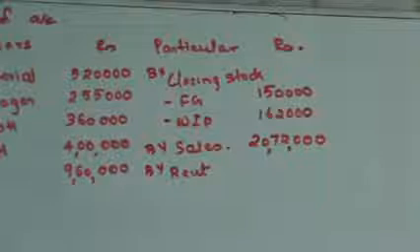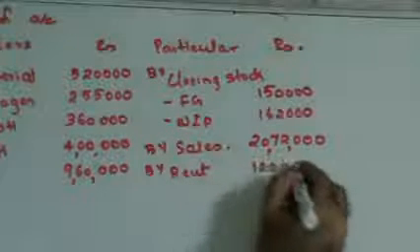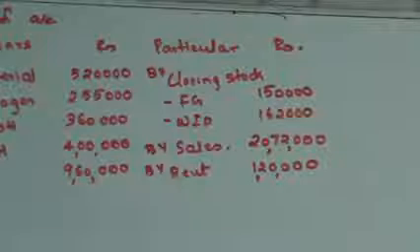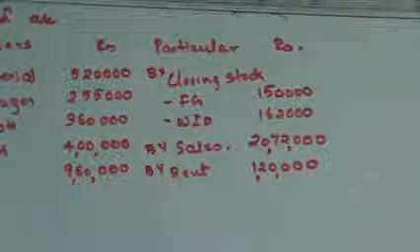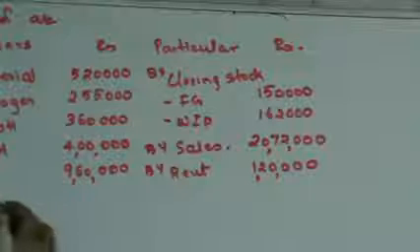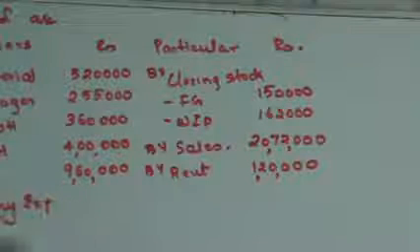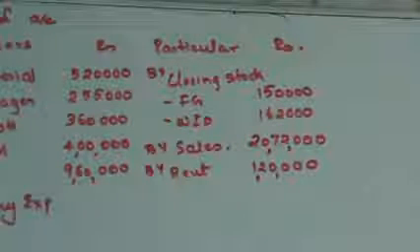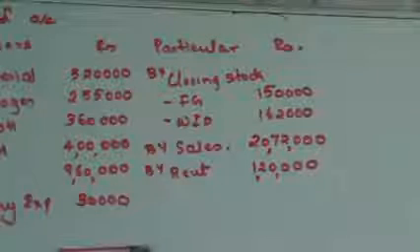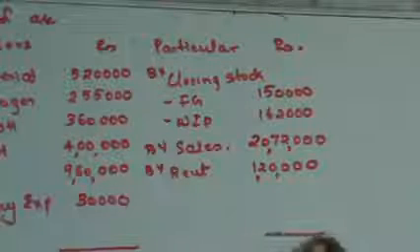Rent received is 1,20,000. Next, you have preliminary expenses written off. Debit expenses and losses, preliminary expenses written off is 30,000. Right? This finishes my P&L account.